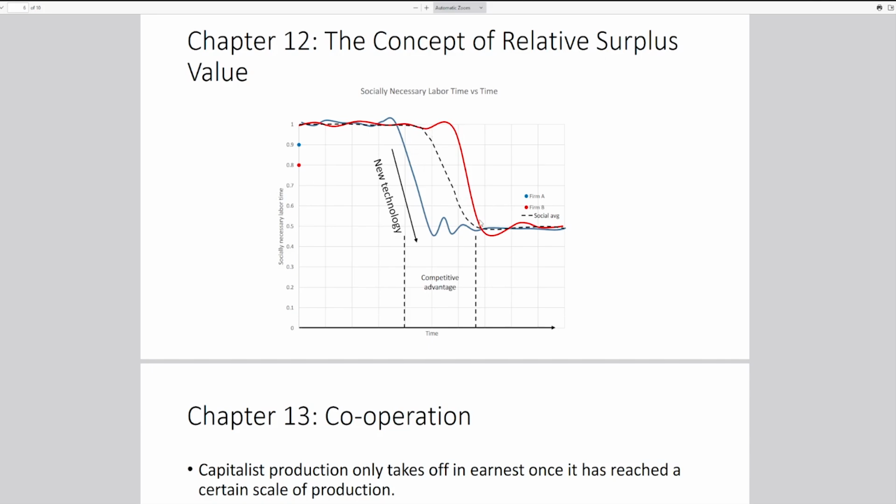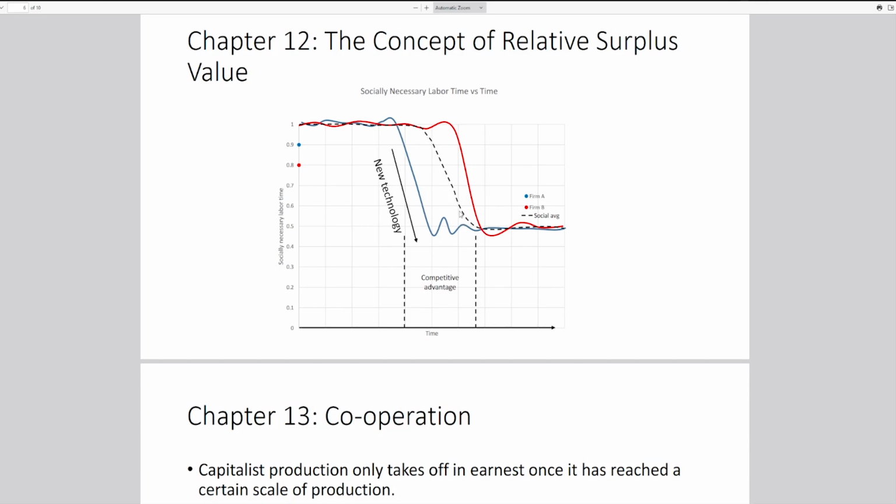Because if you think about it, the dotted line is kind of Marx's contribution to this, by explaining why this is even a competitive advantage, and why that works.